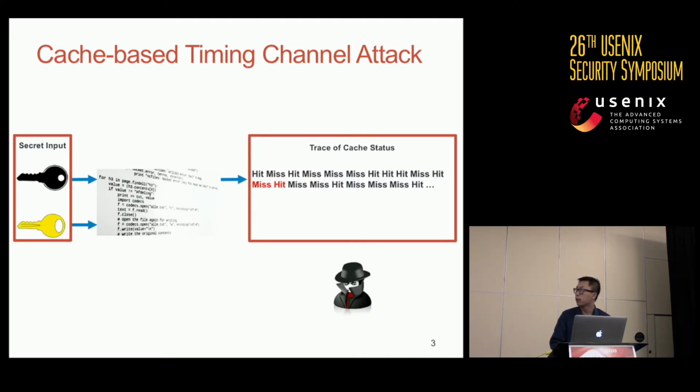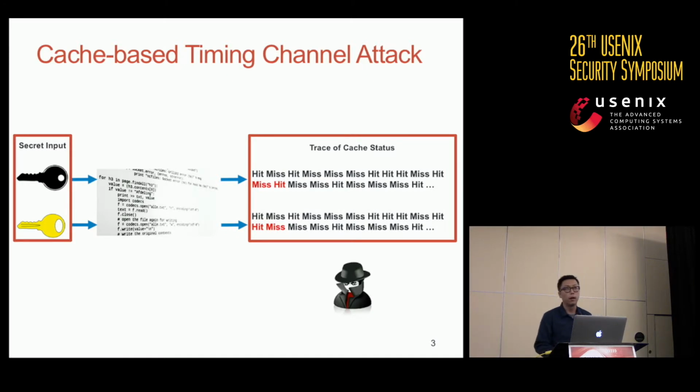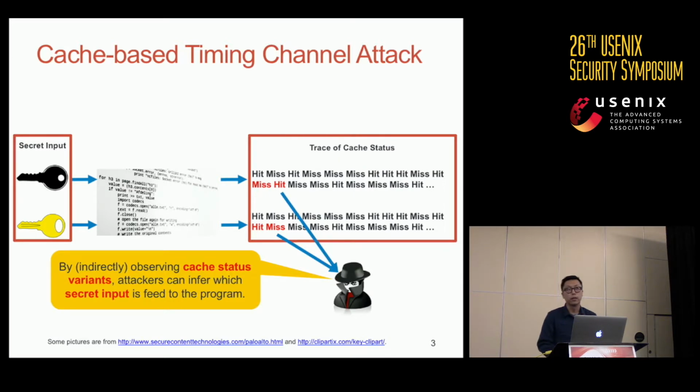And with another secret, the attacker would observe another trace of hit or miss, the cache status. So by comparing the observed traces and identifying some difference in the cache status, in this case, the attacker would be able to infer which secret is given to the program, and as a result, some secret information will be recovered from the process.